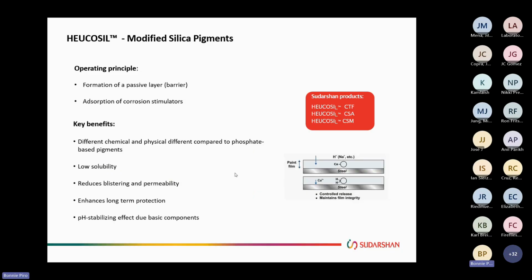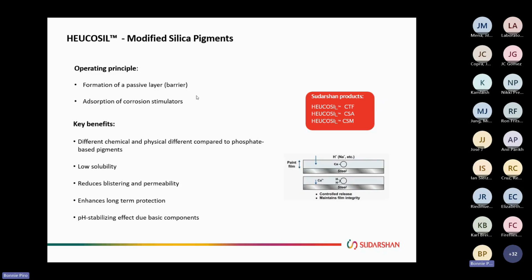Modified silica pigments. This is another category of anti-corrosives, and they are there really to provide that passive layer or a barrier. We've called that before. And again, that barrier is really to provide that circuitous path in there.